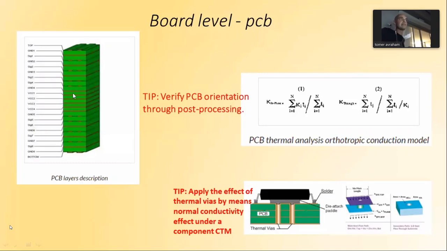So we can assume how much copper there is in each and every layer, and what the height is.